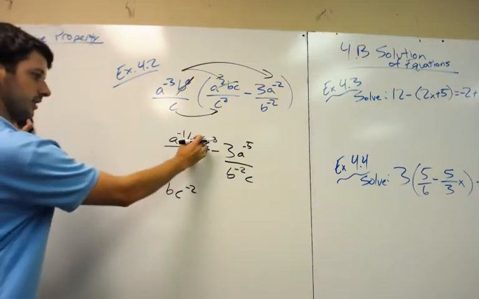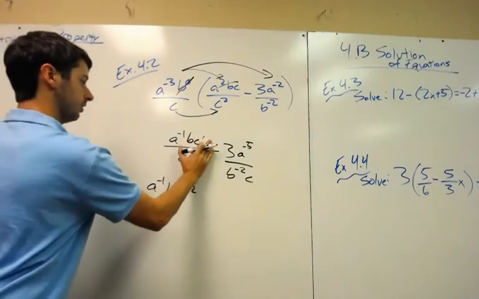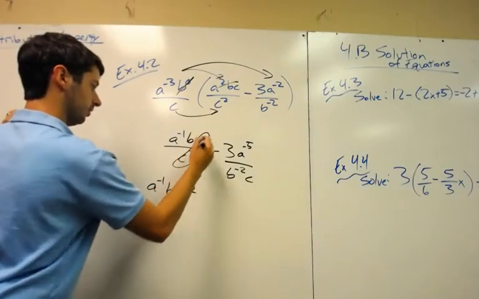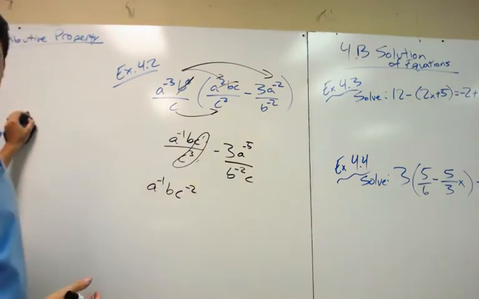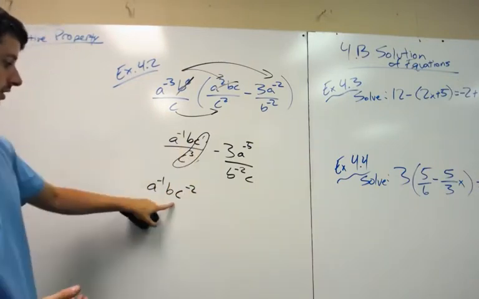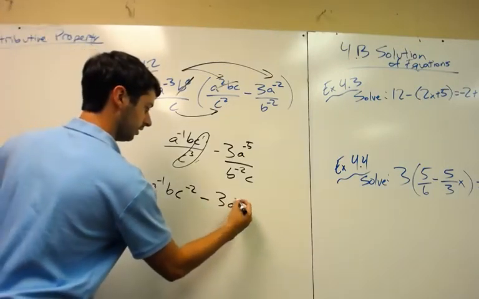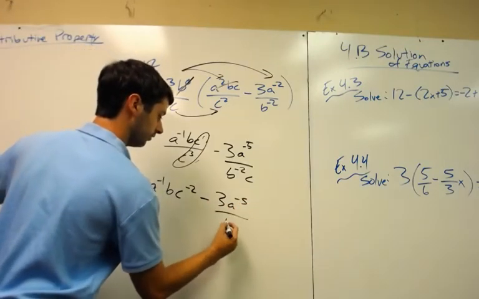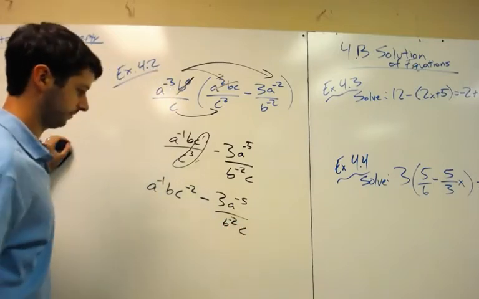And then you'd see the 1 minus 3 negative 2. Or if you just needed to look at it from this angle, 1 minus 3 negative 2 if you're moving it to the numerator. So there's that term, minus 3a negative 5th over b squared negative squared c.